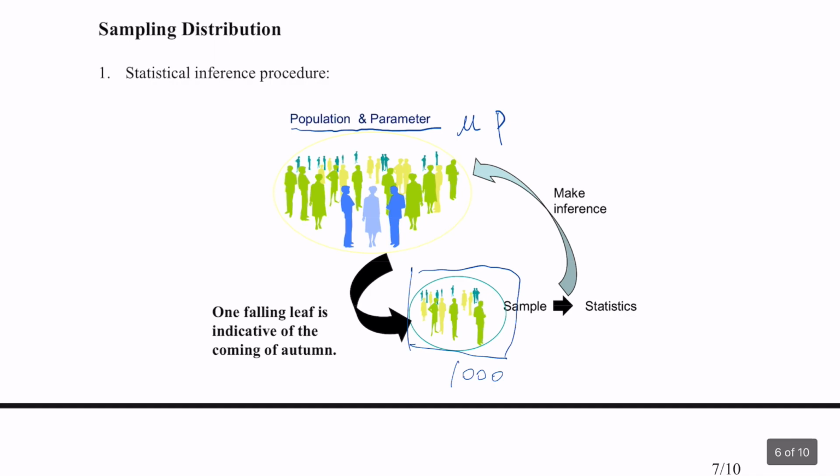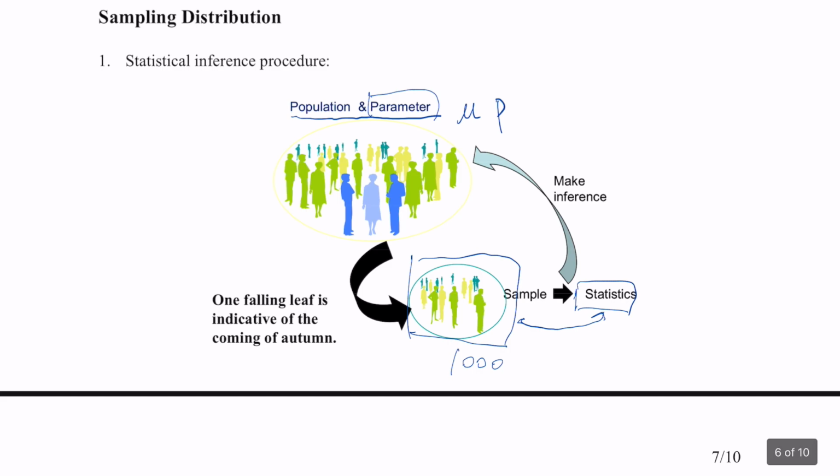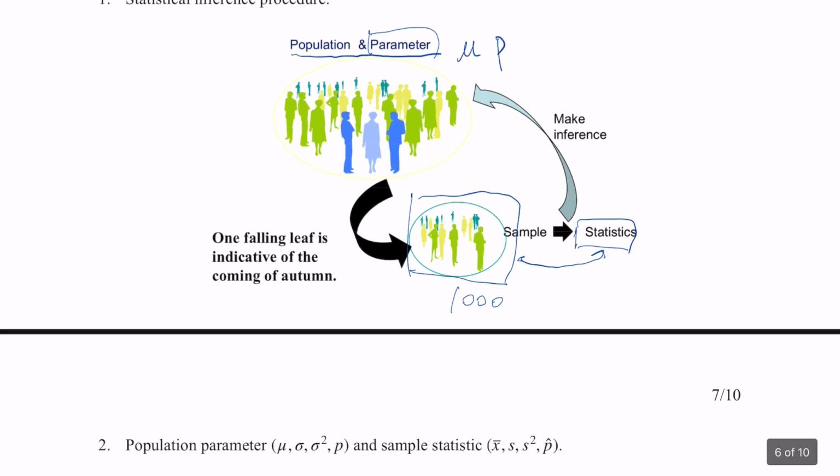And then based on the result we get from the sample, which is called statistic, right? That's statistic, the name of the course. These are the numbers we get from the sample. And based on these numbers, we make inference to the number in population, which is parameter. Okay, so this is the procedure of why we do statistics.